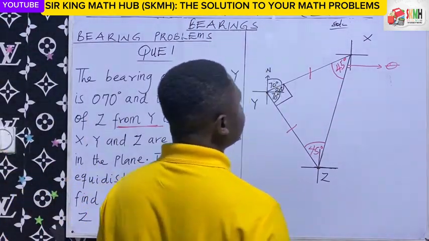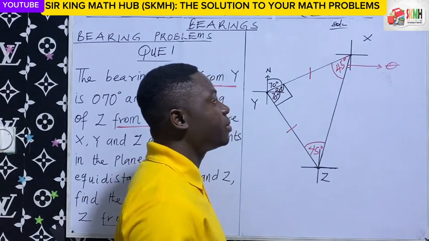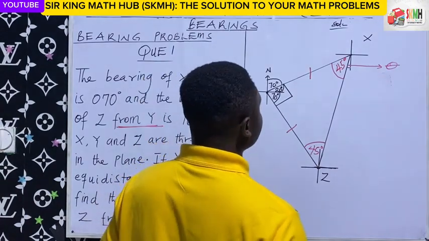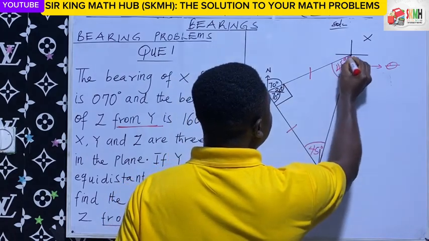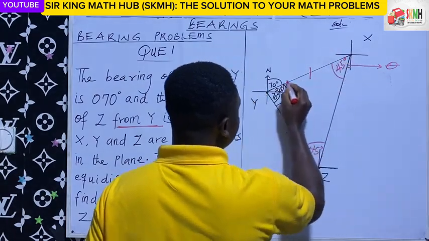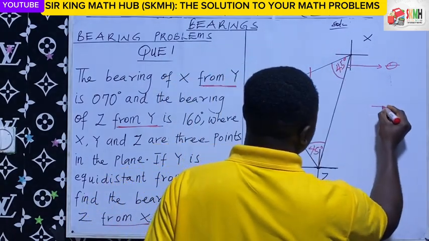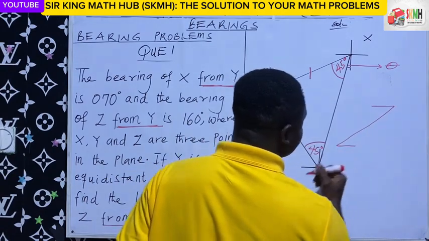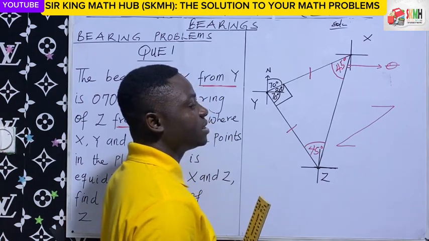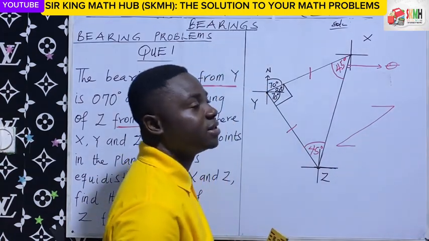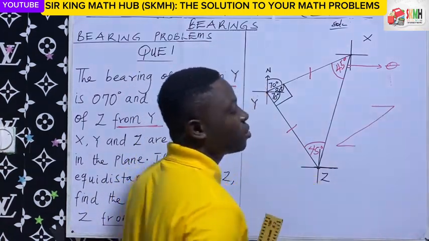Now, from angle properties of parallel lines, what is the relationship between this angle and this angle? So, what is the relationship? These two angles are alternating. They are alternating because they are formed from the alphabet Z. And what is the relationship between alternating angles?